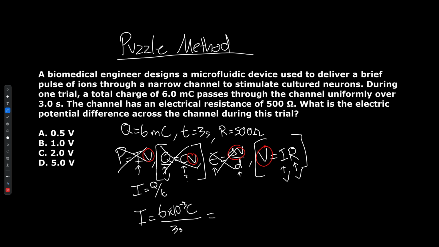So all I need to do here is just divide these two numbers by each other. So we end up with 2 times 10 to the negative third coulombs per second, which is the same thing as saying amps. 2 times 10 to the negative third amps.